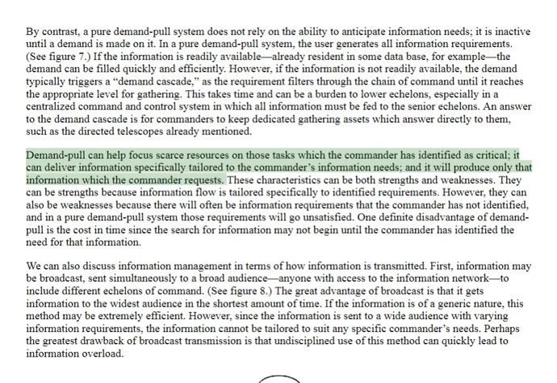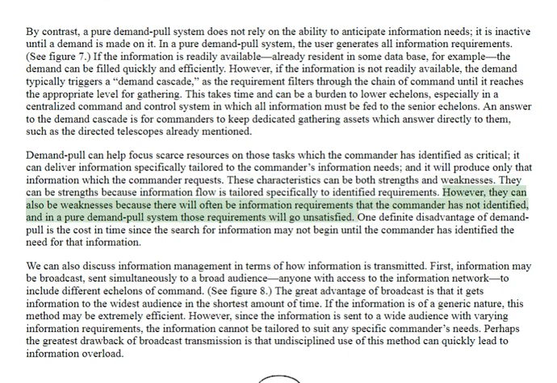It can deliver information specifically tailored to the commander's information needs, and it will produce only that information which the commander requests. These characteristics can be both strengths and weaknesses. They can be strengths because information flow is tailored specifically to identified requirements.